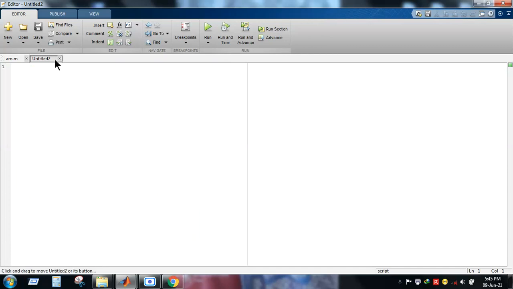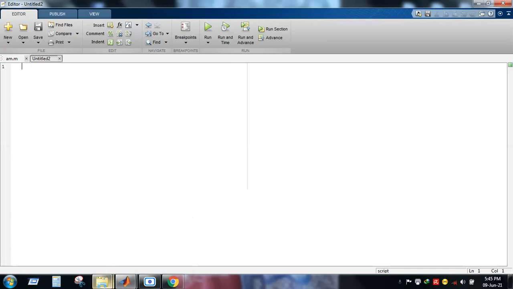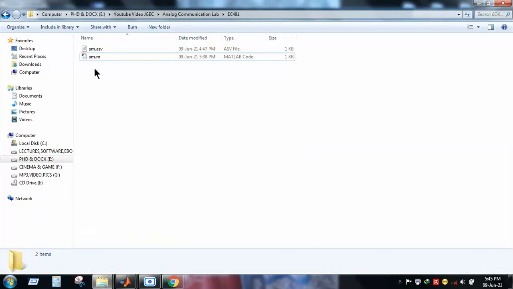After that you can save the file as, suppose, am.m, and this will be stored in the respective directory. Here our first program is stored at the corresponding file location, that is the EC49 folder.